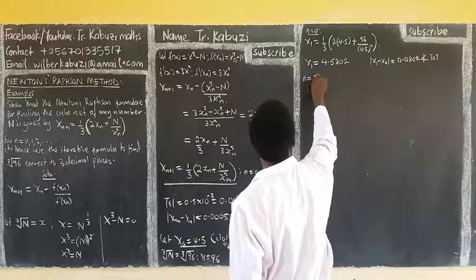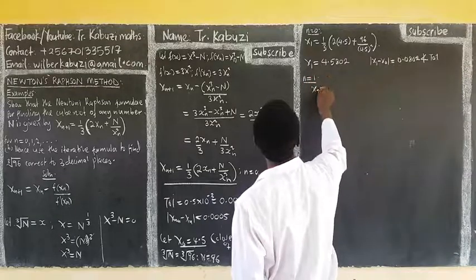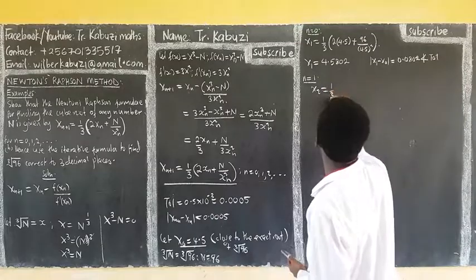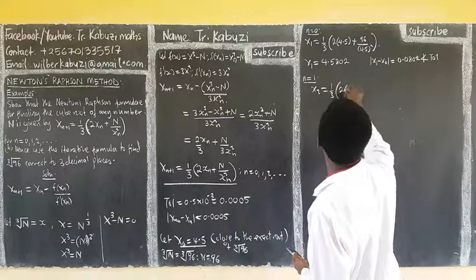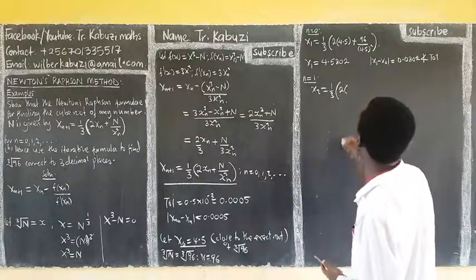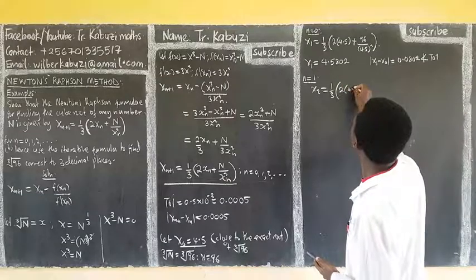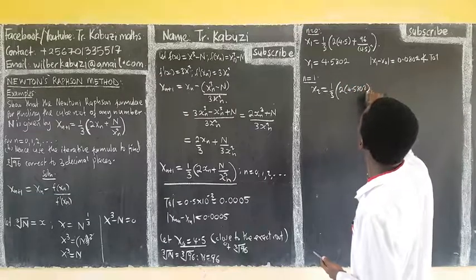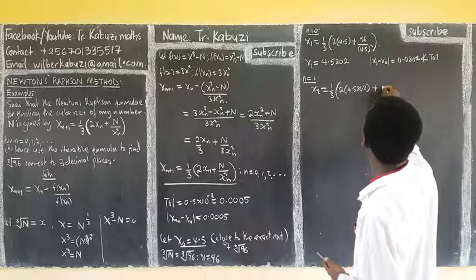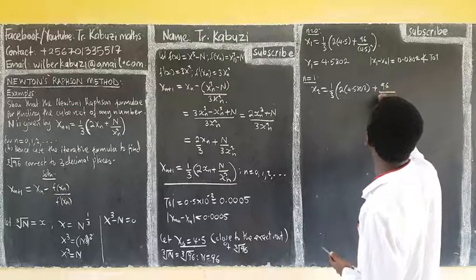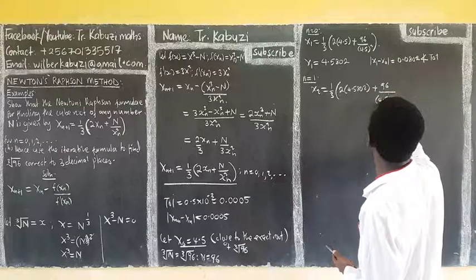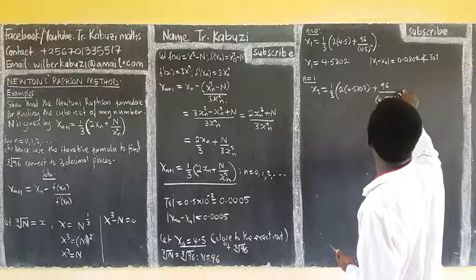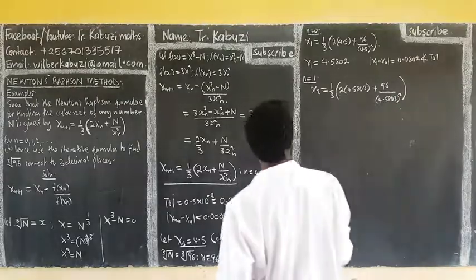So when n is 1, we have x2 equal to a third into 3 into, now this value, plus 96 over 2 squared, then close the brackets.